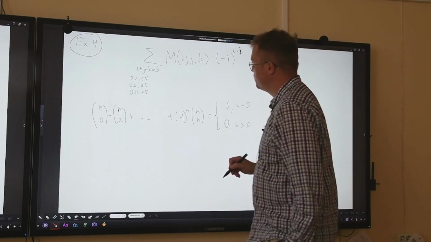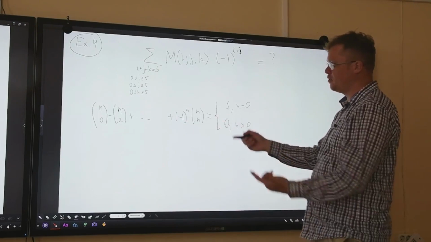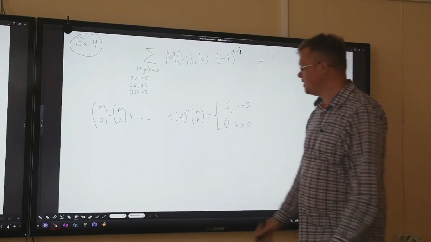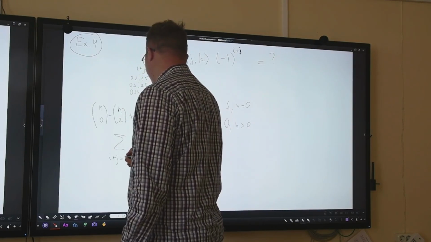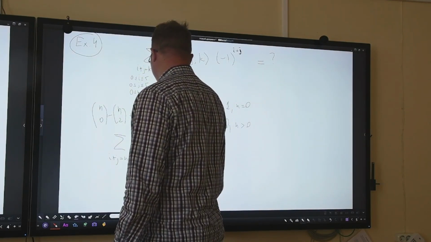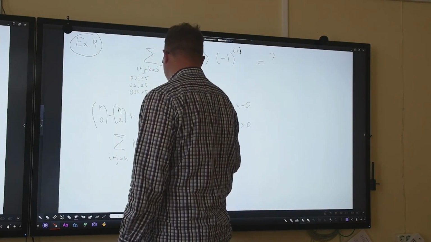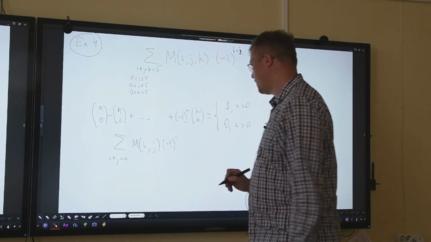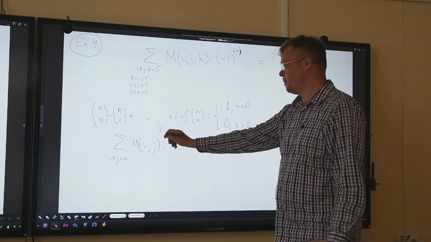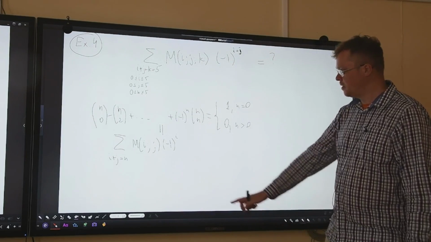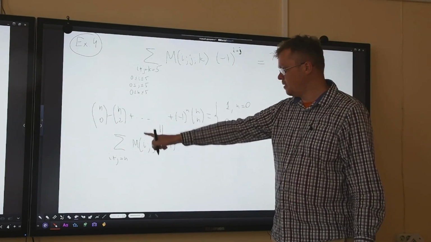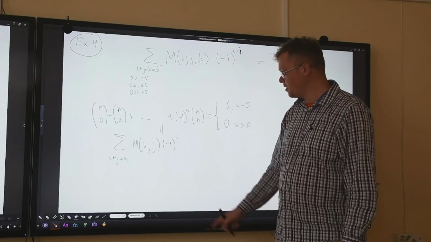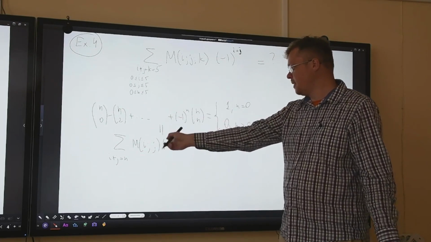And if I write this in terms of the multinomial coefficient, then this will be the sum over i plus j equal to n of m of i, j times minus 1 to the power i. So this is the same, yes? Because m of i, j is nothing but the binomial coefficient, and minus 1 to the power i is just the alternating sign.